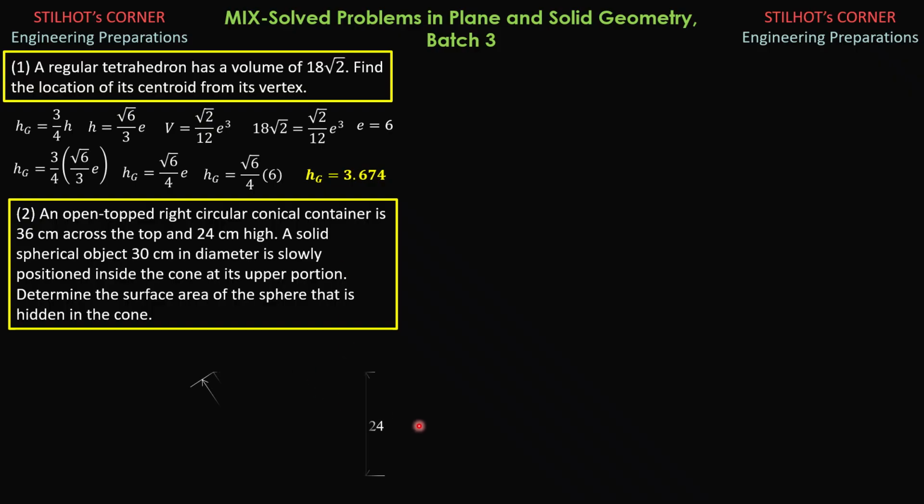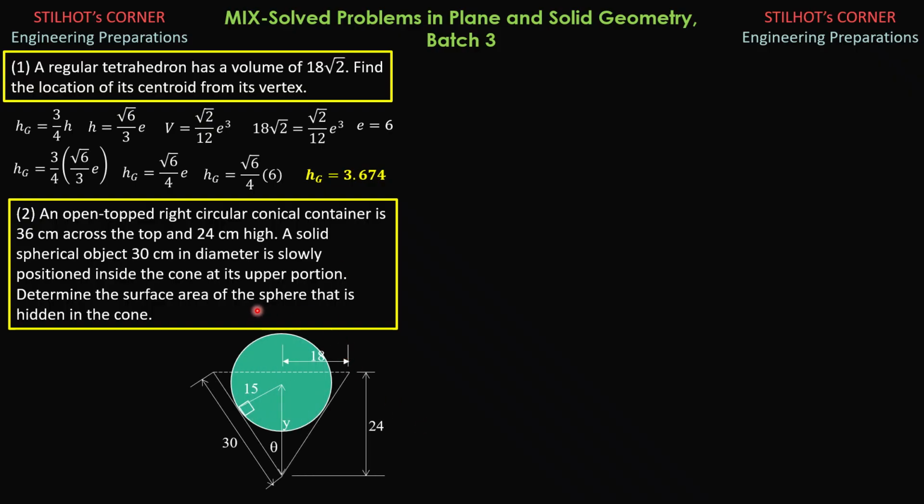Let's have a cone and the sphere. So this is the centroid of the sphere, and if it is correctly drawn, then the top edge of the cone is here, and this is the hidden portion.